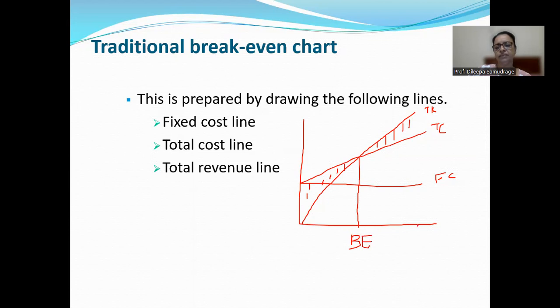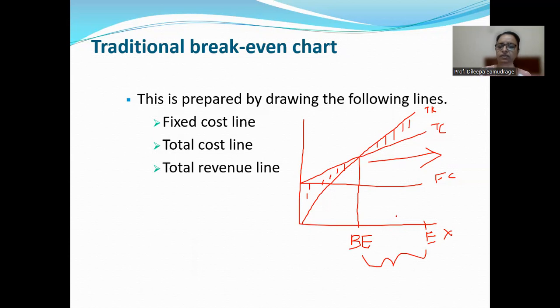If your expected sales, the maximum sales, equals this amount, what do you call this area? Margin of safety, because beyond the break-even point you are earning profit. So you can see, using this graph you can show many things, right? So this is a traditional break-even chart.